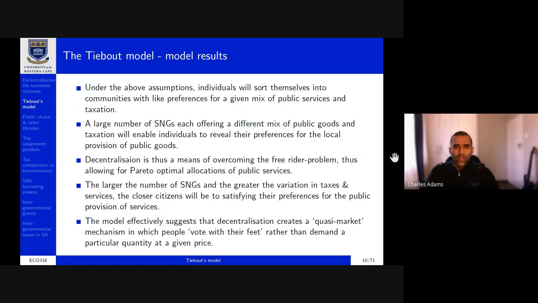Okay, so the implications of this model, the results, the predictions, in essence, based on the assumptions given, are as follows. Individuals will sort themselves into communities of like preferences for a given mix of public goods and services, as well as taxation. A large number of SMGs will emerge, right?